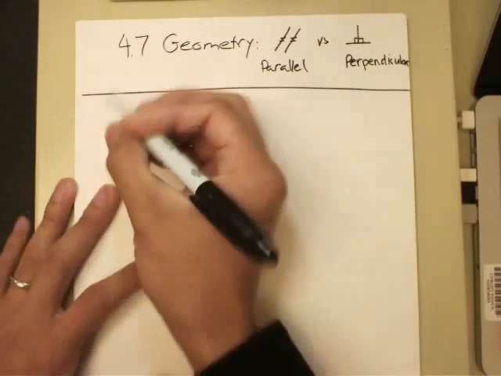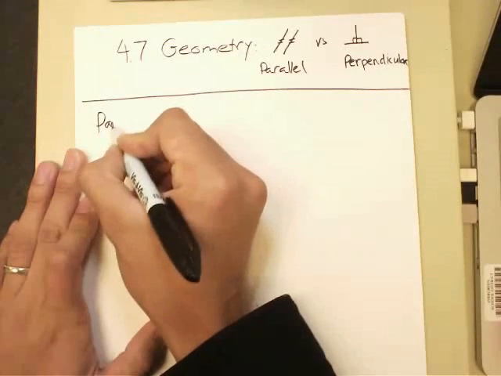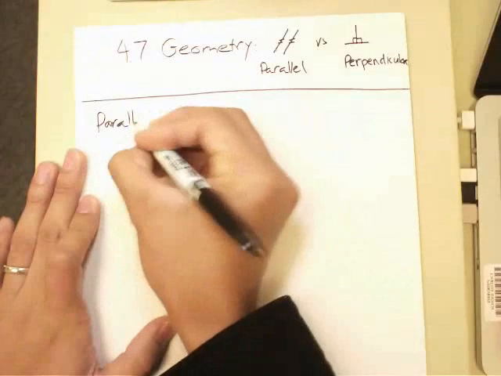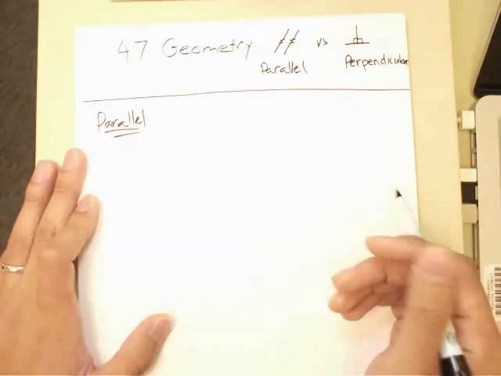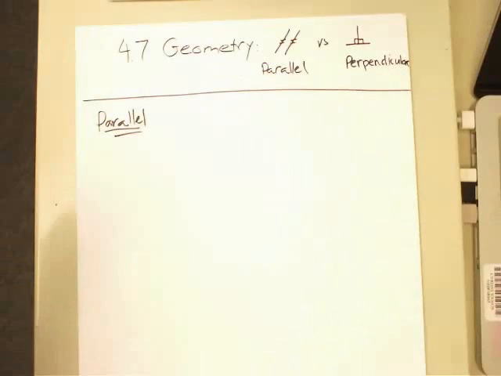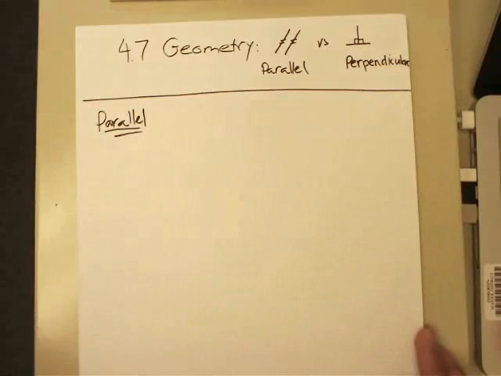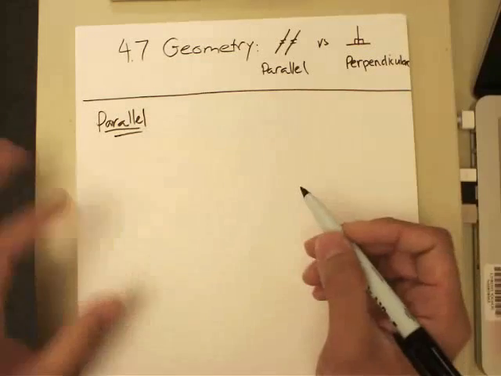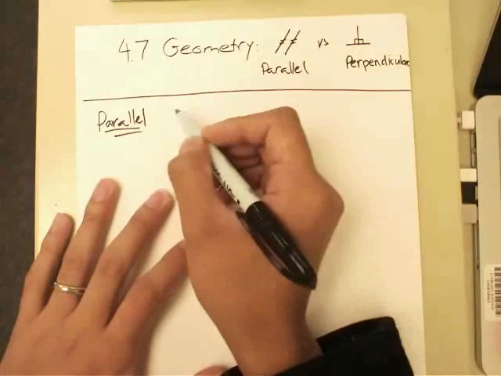Now, the first word that I want to discuss with you today is the word parallel. I'm pretty sure that a lot of you have heard or used this word before, but I thought I need to cover this with you again, the word parallel. Well, parallel, as it's stated, means that you have two lines that are going side by side, will never cross, right? They would never cross each other.